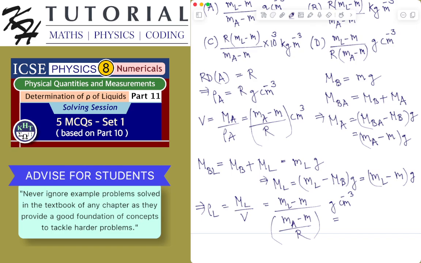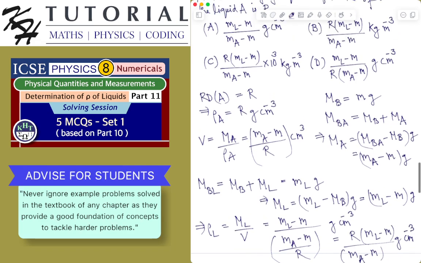After simplification, this is R multiplied by ml minus m divided by ma minus m, this much gram per centimeter cube, which should be the density of the liquid L.